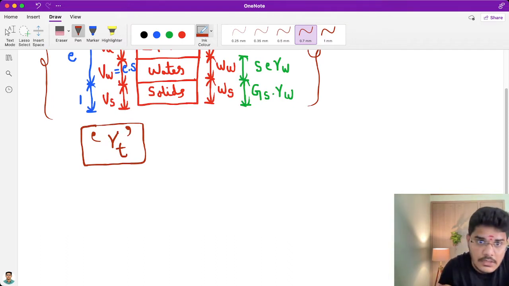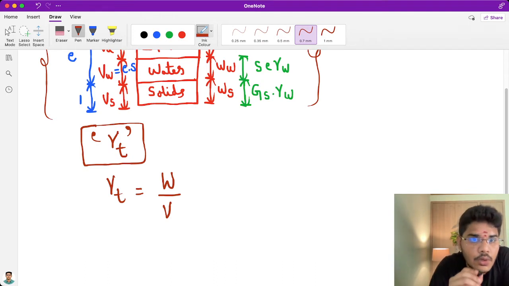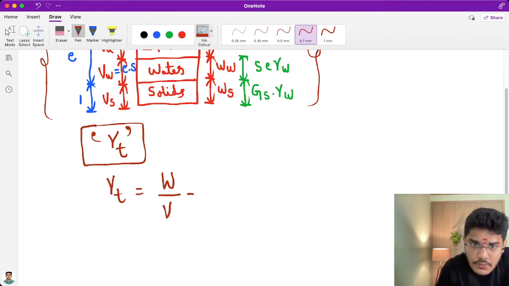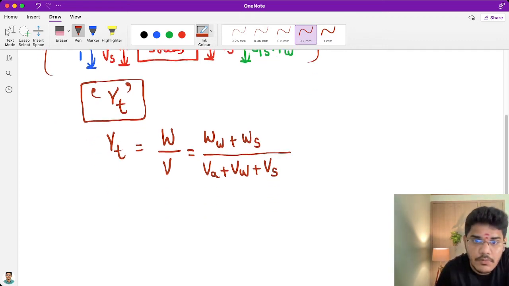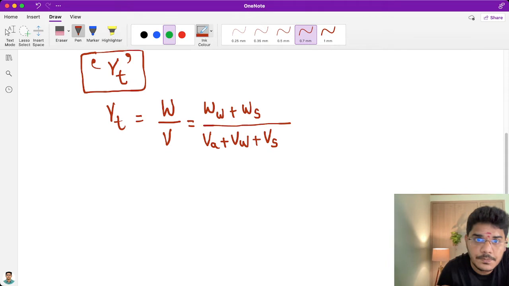this, we can easily write. Bulk unit weight is equal to total weight by total volume. If you observe the three-phase diagram, the total weight will be weight of water plus weight of solids, and the total volume will be volume of air plus volume of water plus volume of solids.